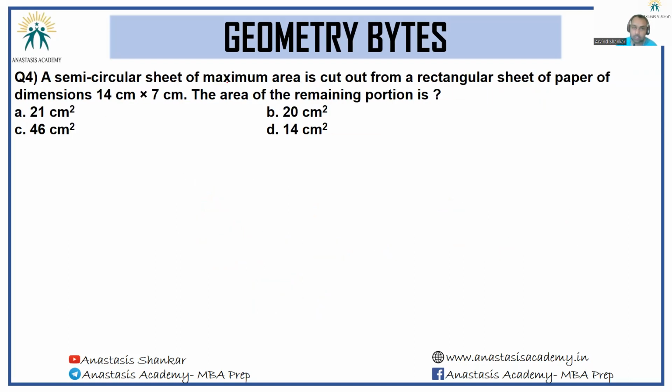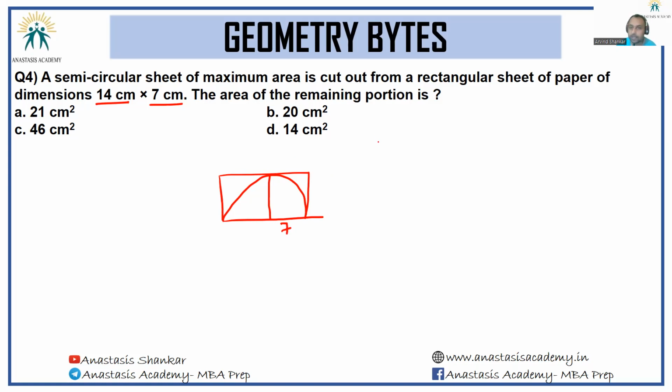Next, a semicircular sheet of maximum area is cut from a rectangular sheet of paper of dimension 14 centimeter by 7 centimeter. Okay. Area of the remaining portion is, the semicircular sheet will be cut like this. Radius 7, semicircular sheet of paper will be cut, radius 7.